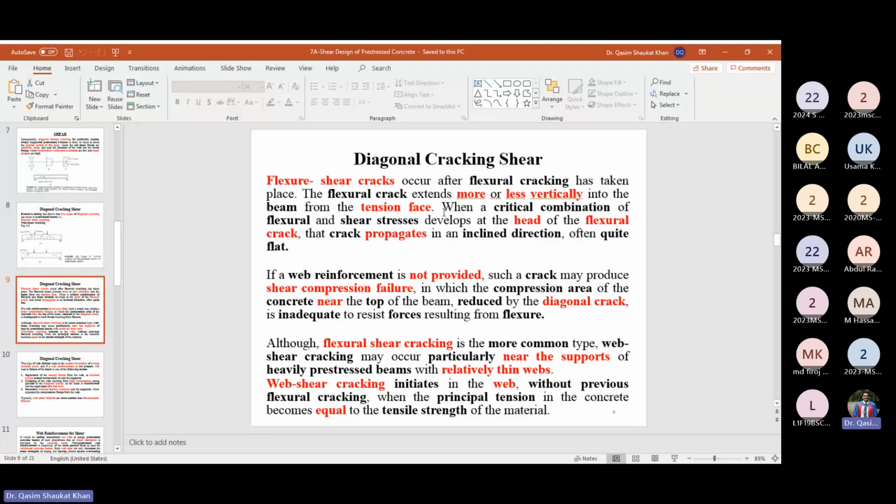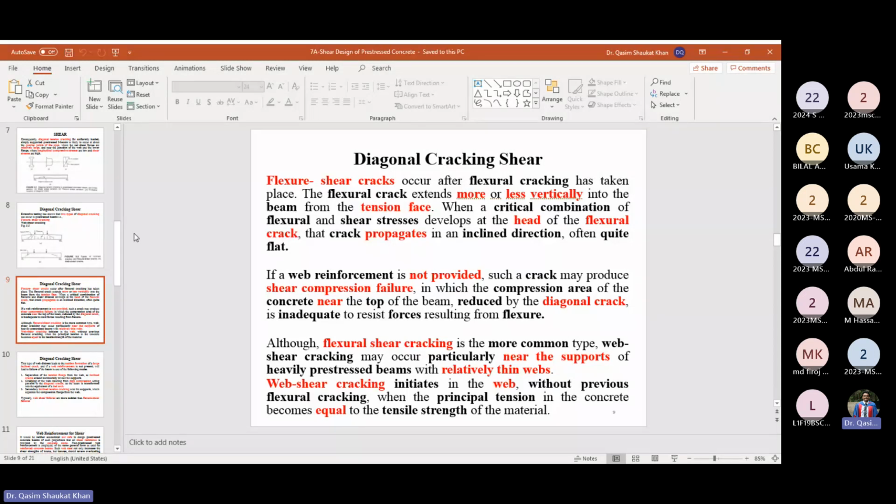When a critical combination of flexural and shear stresses is developed at the head of the flexural crack, that crack propagates in an inclined direction, which is often flat.